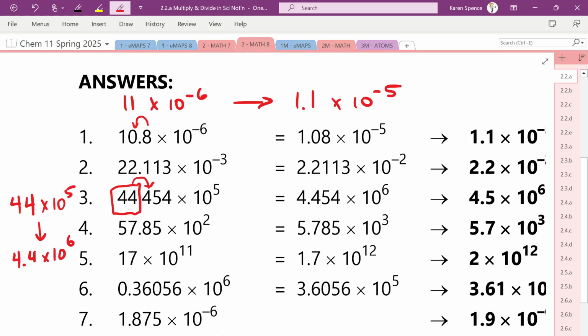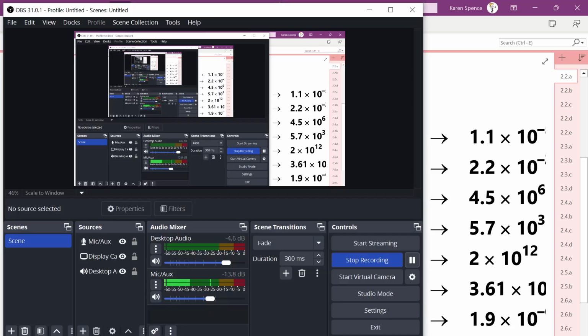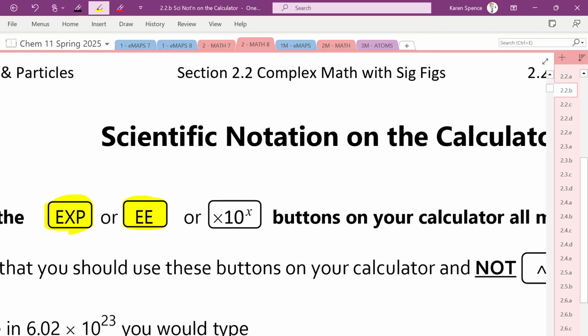Questions? Anyone? Yes. Over here. It will either say EXP or EE or times 10 to the X. I would like you to look on your calculator and find that button.